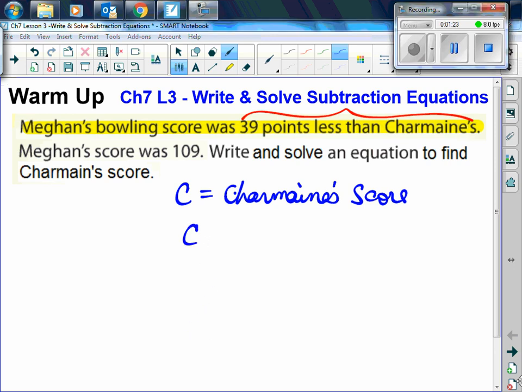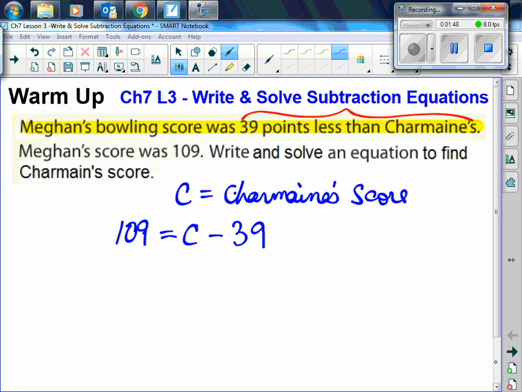So 39 points less than Charmaine's is C minus 39. Everyone with me? And that is equal to Megan's score, which is 109. Very good. 109. Now, how would you go about solving that?